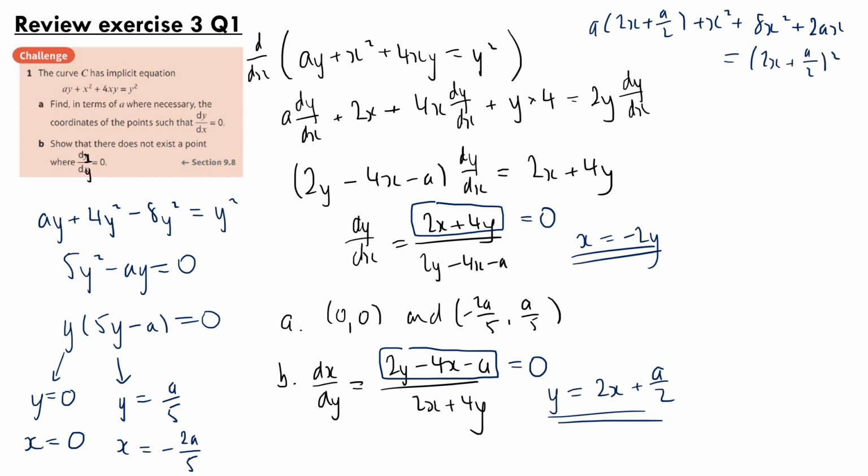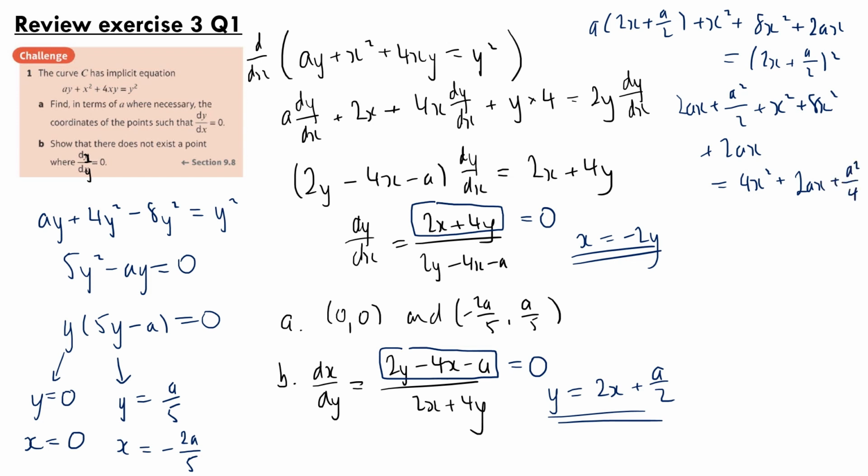And expanding brackets, we have 2ax plus a squared over 2 plus x squared plus 8x squared plus 2ax is equal to 4x squared plus 2 times 2x times a over 2. So that is 2ax plus a squared over 4.